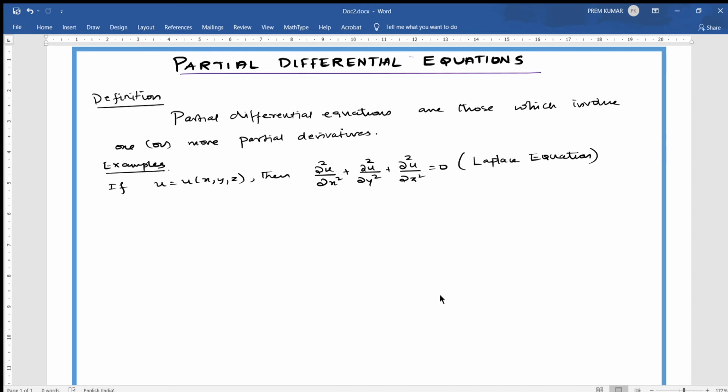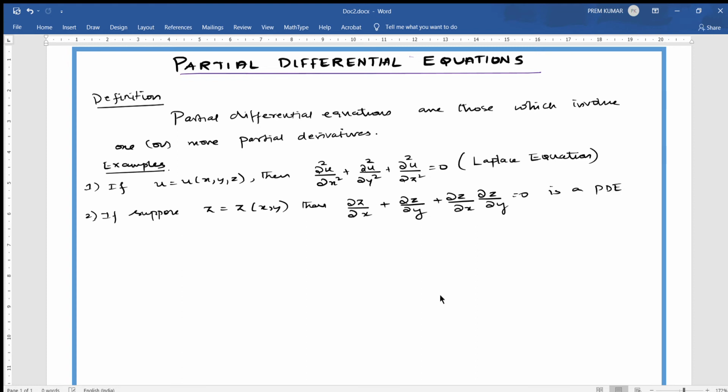Then the second example: suppose there is a variable z which is a function of two variables x and y, then ∂z/∂x + ∂z/∂y + (∂z/∂x)(∂z/∂y) = 0 is a partial differential equation.